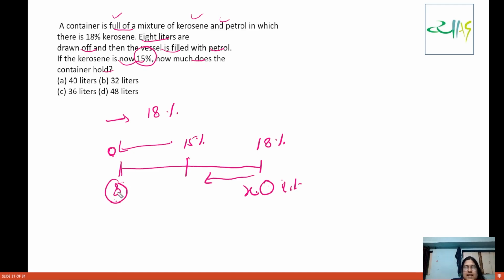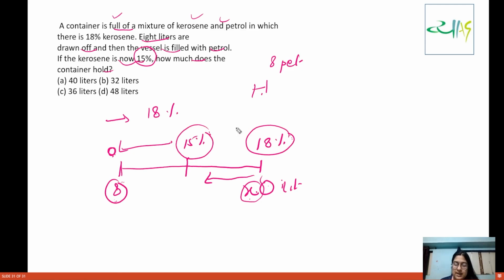Imagine if you have 8 liters of petrol, now you are adding some mixture of kerosene and petrol that has 18% kerosene, and the result becomes 15%. In that case, you will easily apply this, right?